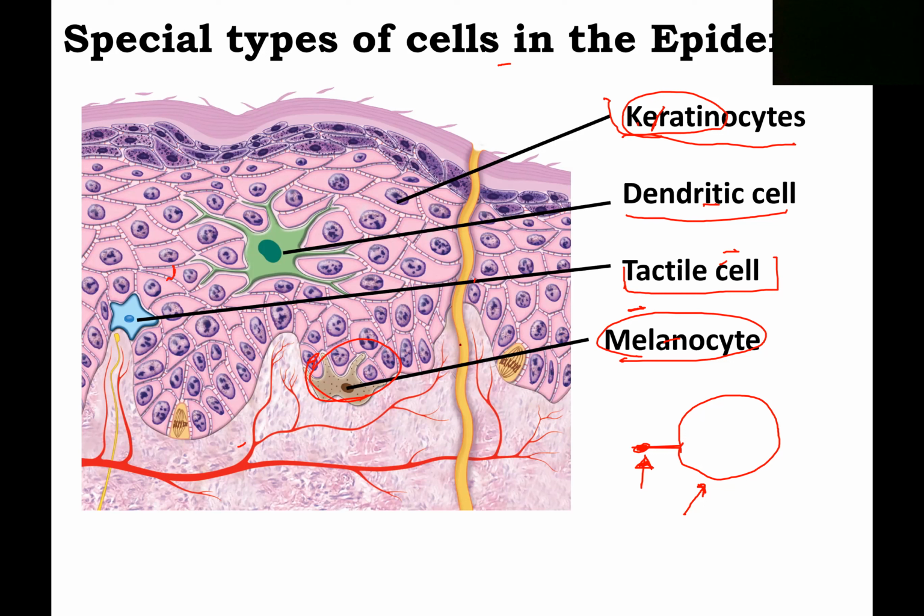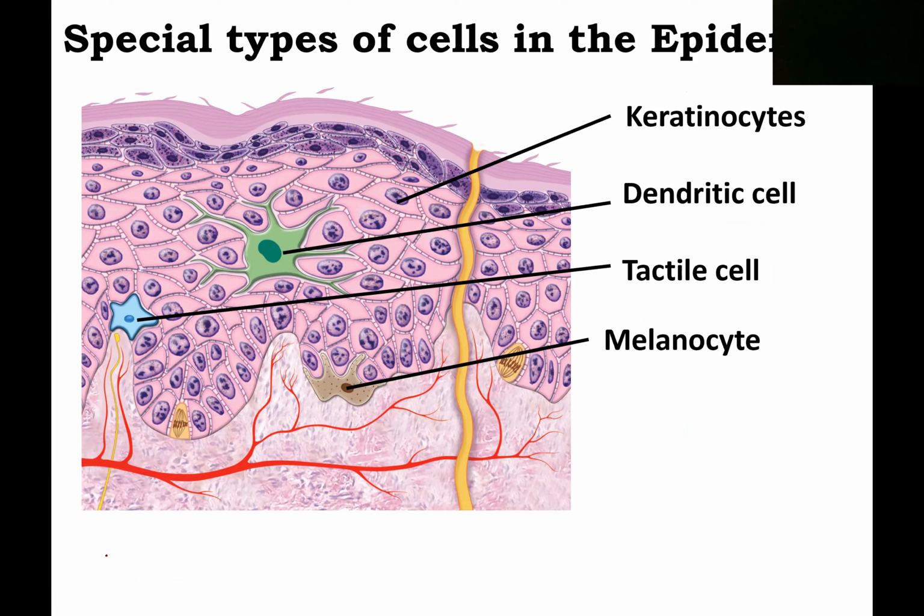The number of melanocytes in every person is the same. The amount of melanin that's produced is different. We also have melanocytes in the hair follicles. There are different types of melanin that are produced, and we'll see that a bit later. Okay, so four specialized types of cells embedded in the epidermis.